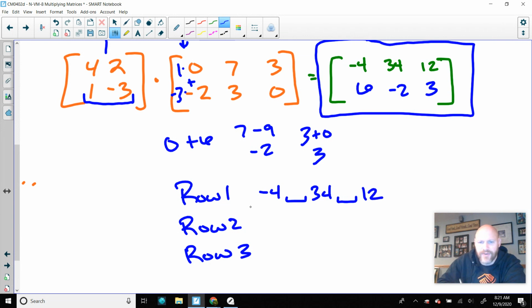And that would be your answer for row number 1. For row number 2, we would say 6, space, -2, space, and a 3. And for row 3, there is no row, so you'll just type in no row. All right, and that would be it.